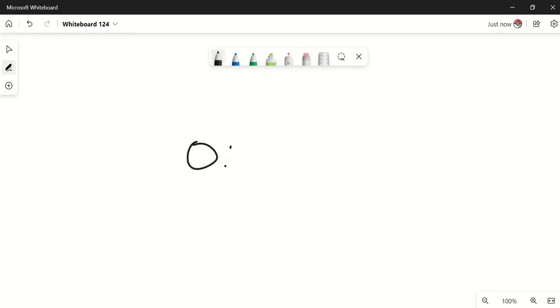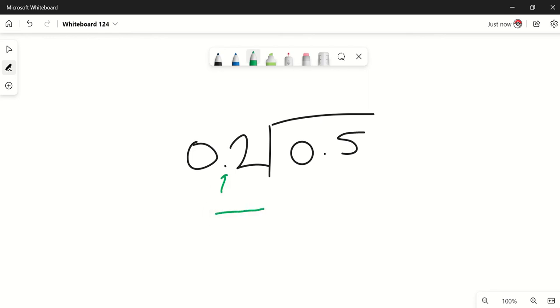So we're going to go back to our original problem, which is 0.5 divided by 0.2. What we must do when we're dividing and our divisor is a decimal is move that decimal all the way to the right to make it a whole number. We do this by jumping spots. That is just one jump in this example.